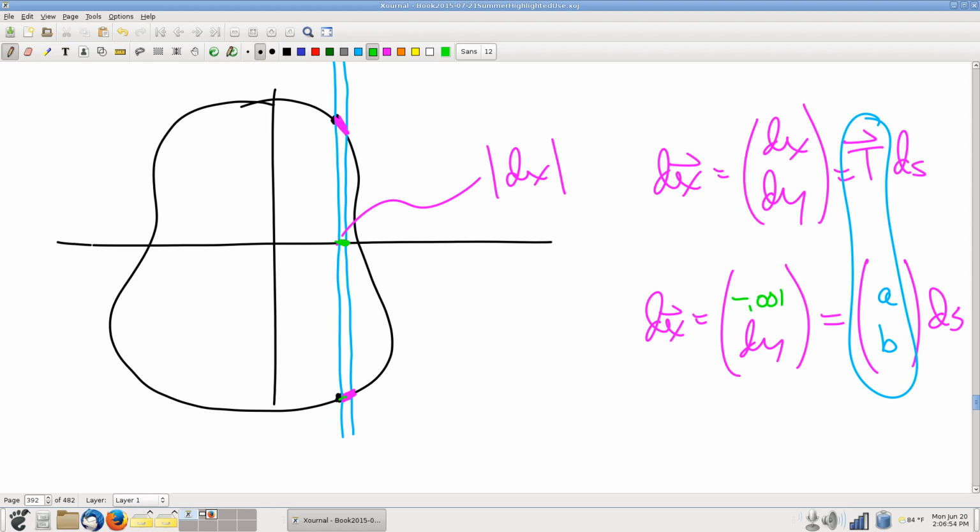But for the bottom one, counterclockwise is right, which just means we're going to have a plus there. Same process. Another difference, of course, is that this is a different point, so it's got a different tangent vector, but the process is going to be the same.